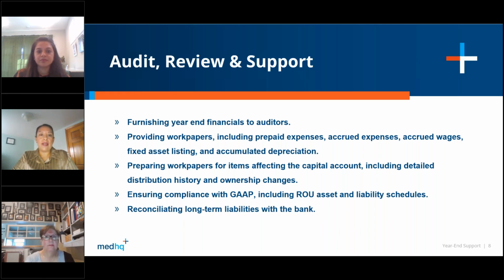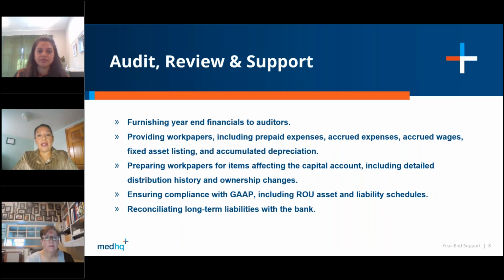And once year-end financials are finalized, we can move forward with furnishing them to the auditors along with the final trial balance report. We also include all necessary year-end paperwork, which could include prepaid expenses, accrued wages, and the fixed asset schedule, which includes the accumulated depreciation.